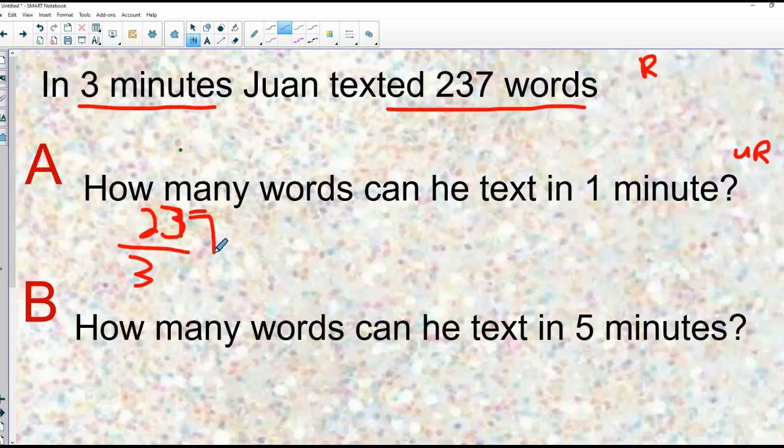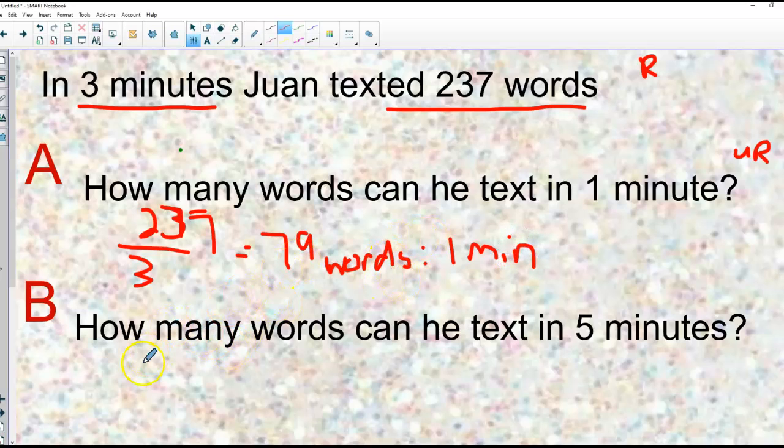So if we divide 237 divided by 3, plug it in your calculator exactly like that, you will see that he texted 79 words per minute, or in 1 minute, right? So now that we know that, we want to know how much he could do in 5 minutes.